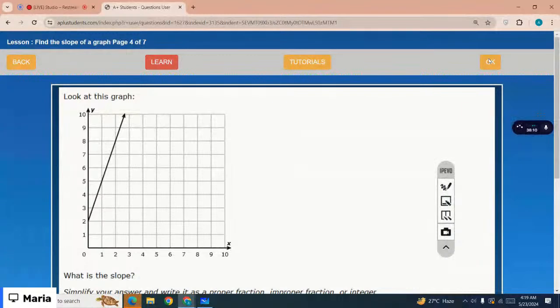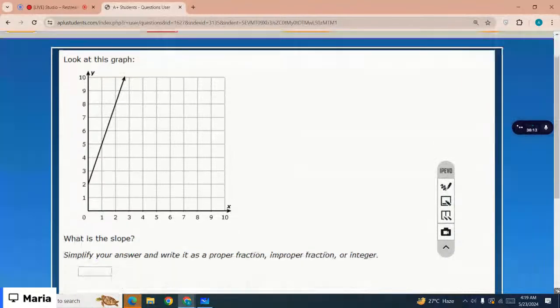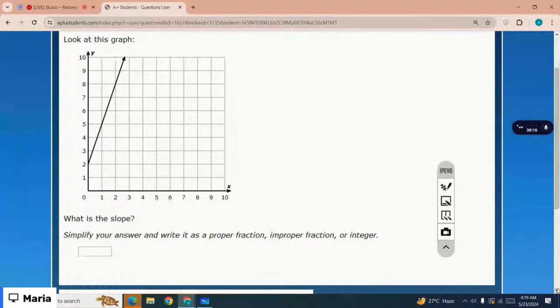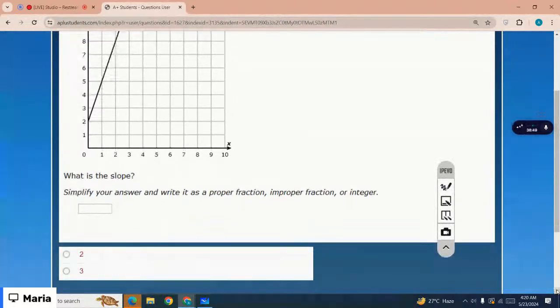Look at this graph. What is the slope? So which is the correct option? The slope is, you can calculate the slope on your notebook, right?